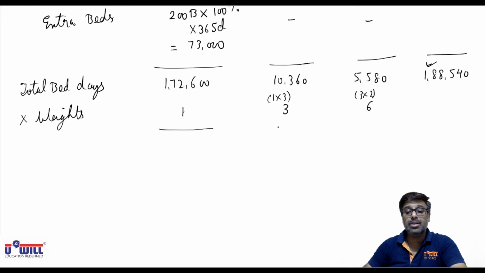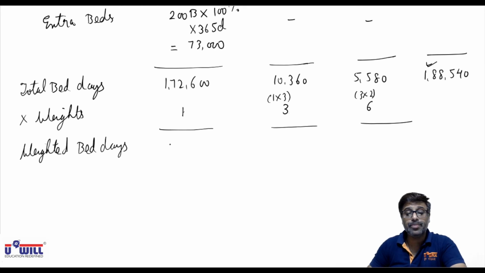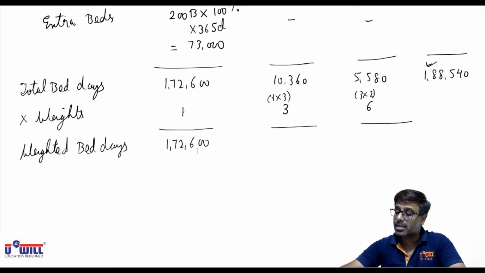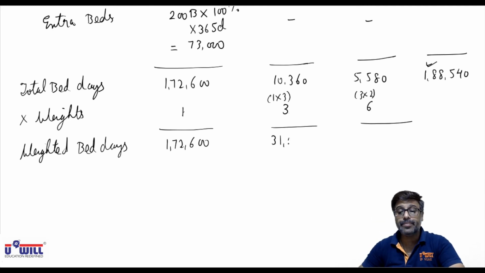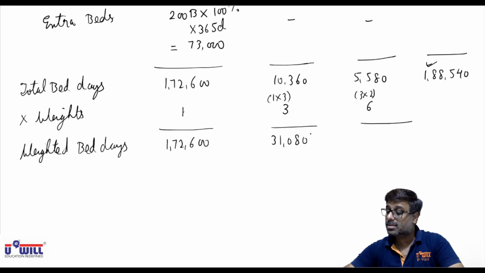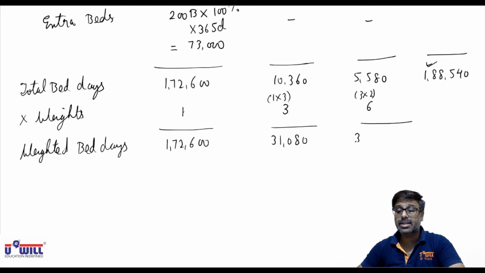So what are the weighted patient days or weighted bed days? This is the same thing we used to do in the hotels chapter also. 1,72,600. 10,360 into 3, the weighted patient days are 31,080. 5,580 into 6, the weighted patient days are 33,480.